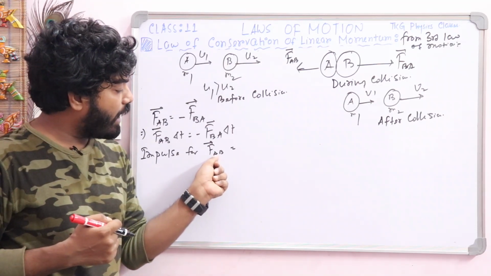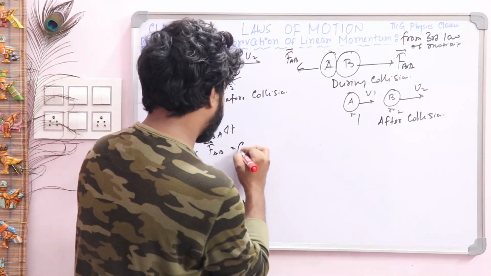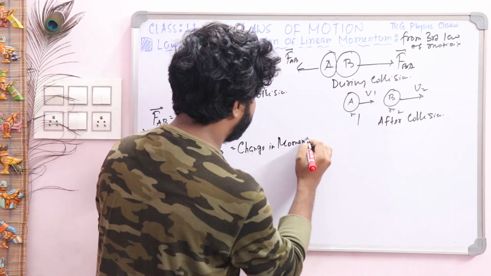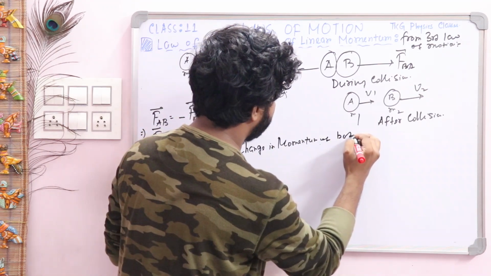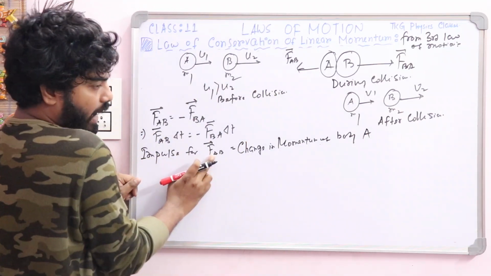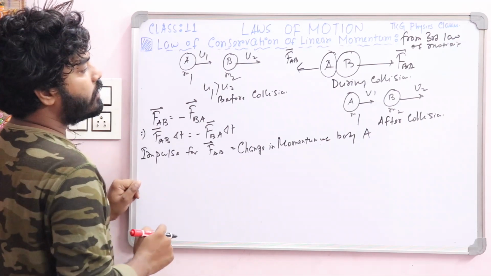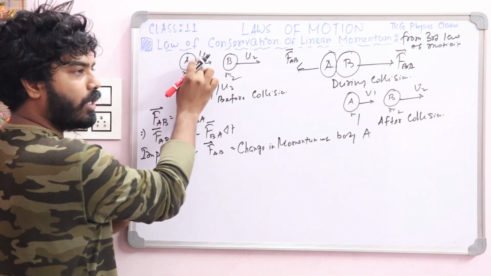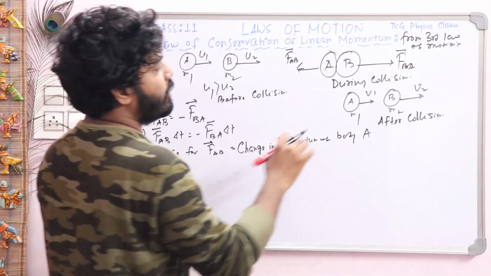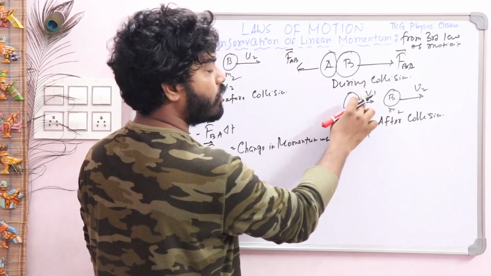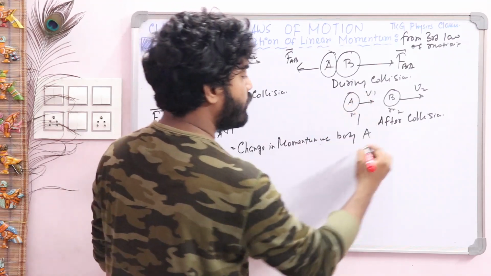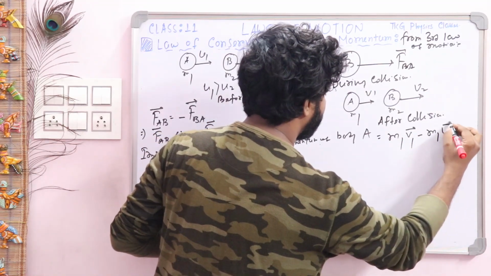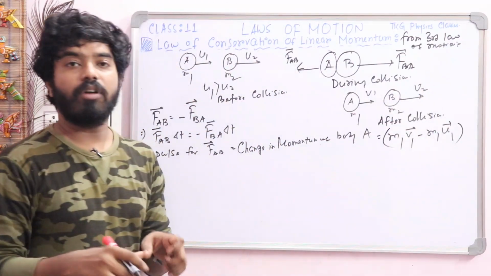This is the force on A by B, so this is equal to the change in momentum of body A. Now observe body A: initial momentum, mass m1, velocity u1, so m1 u1, and final momentum, mass m1 and velocity v1, so m1 v1. So that is equal to m1 v1 minus m1 u1. This is the change in momentum for body A.